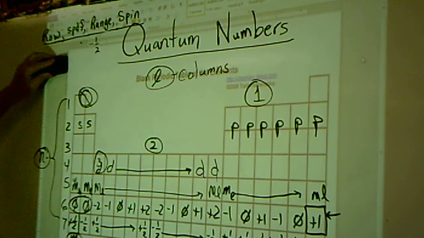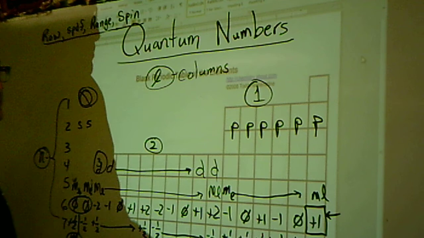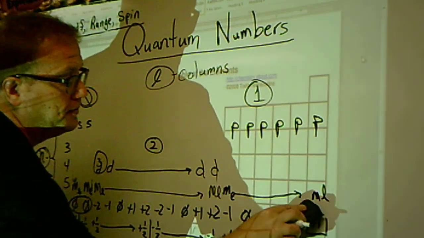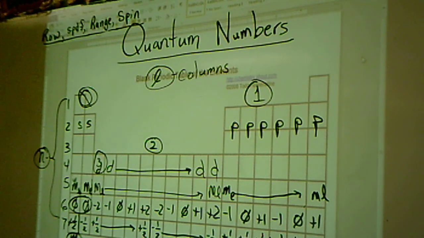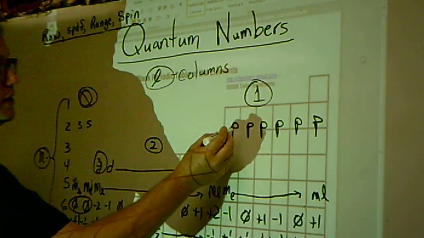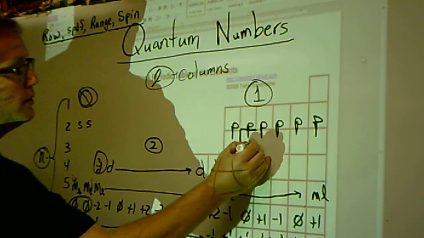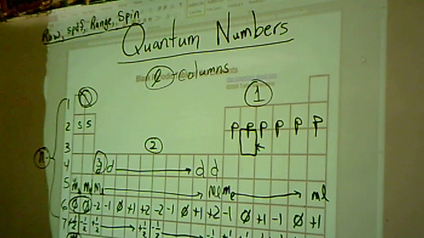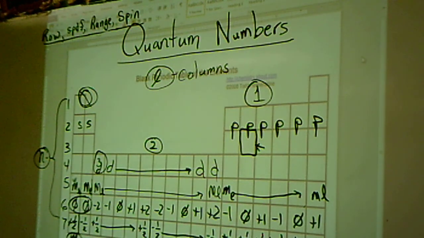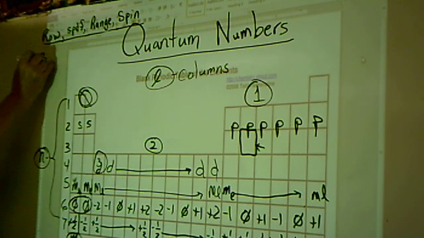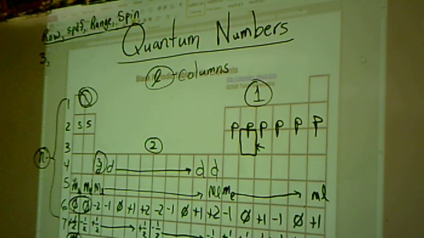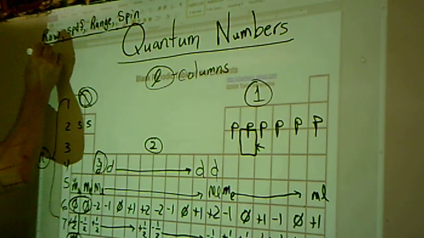Let's go ahead and do another couple of them. Okay, so let's say we go back up here. That's going to be silicon. Energy level, or your rho, is 3. If I'm looking at my P's, it is in the 1.